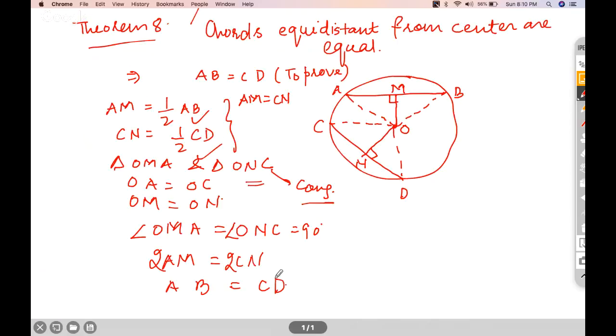Now what I'm doing is on the basis of this theorem, which is there in your book. You solve two theorems, you will understand it completely.